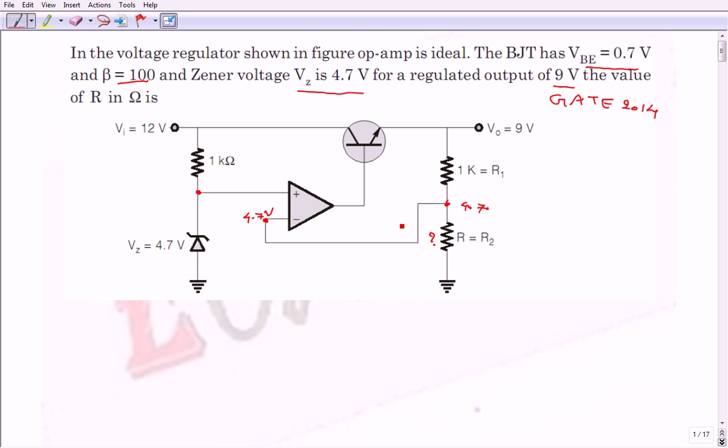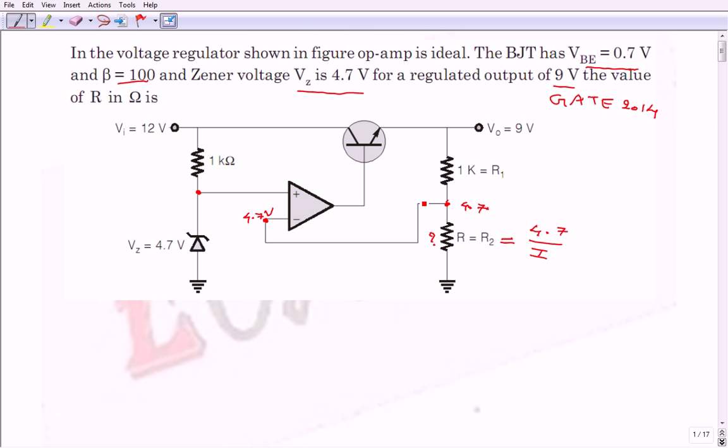So now if we know the current flowing through this resistor, we can calculate the R value. R is nothing but 4.7 divided by the current flowing through it, that is I. We also know that no currents flow into the op-amp input terminals because of infinite input impedance.